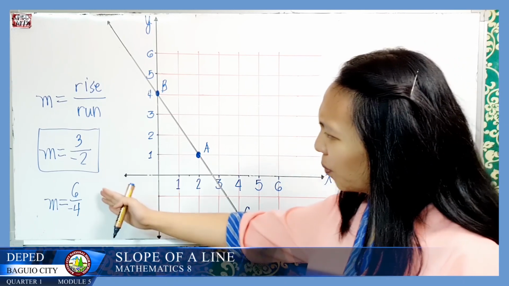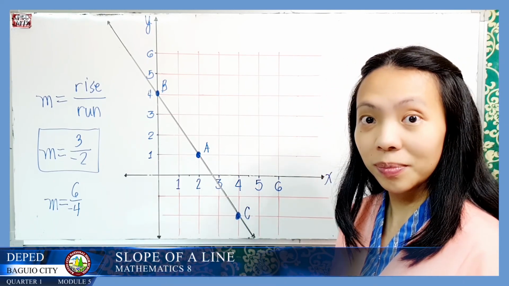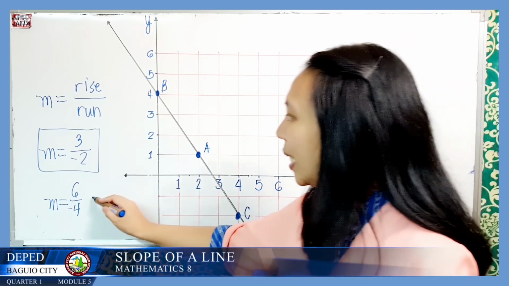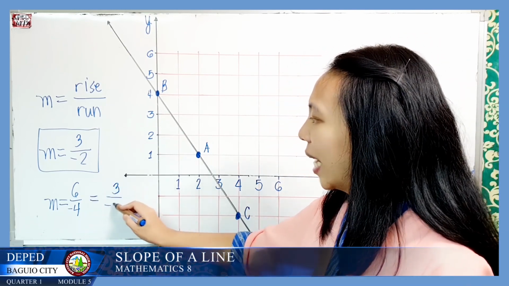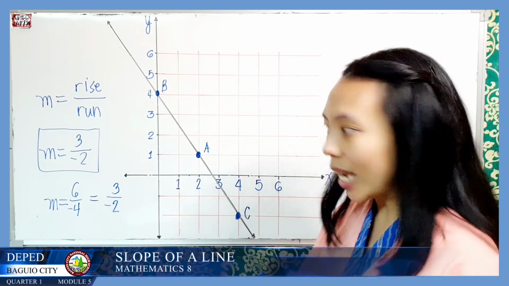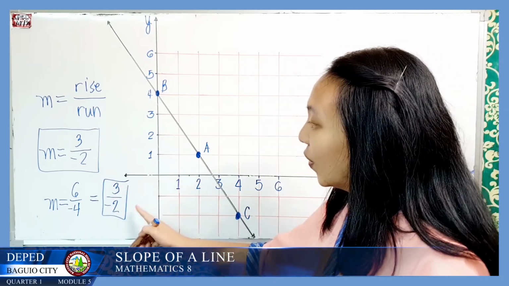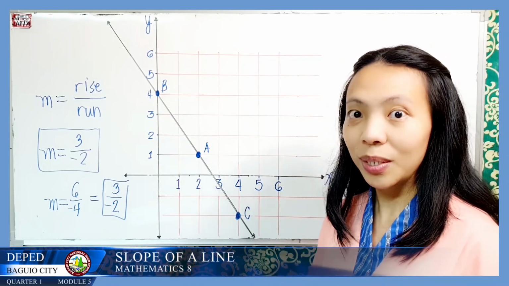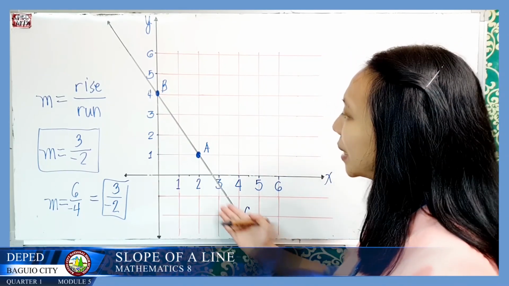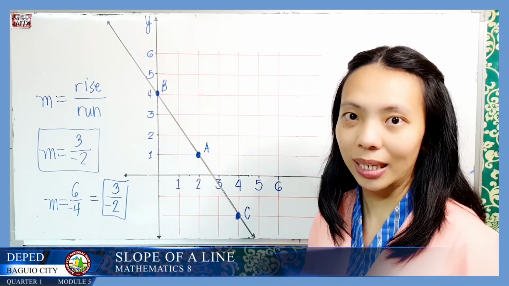Can we further simplify 6 over -4? The answer is yes. Its simplified form is 3 over -2. We found out the same value for the slope. Why is that so? Because we are pertaining to the same line.